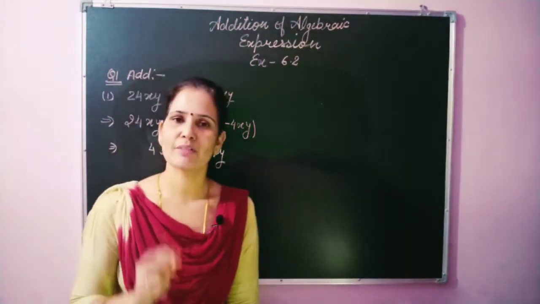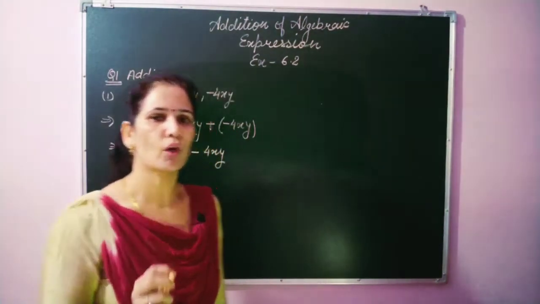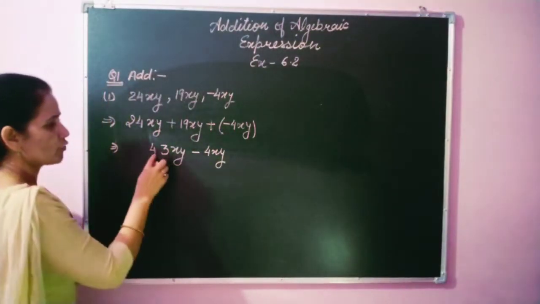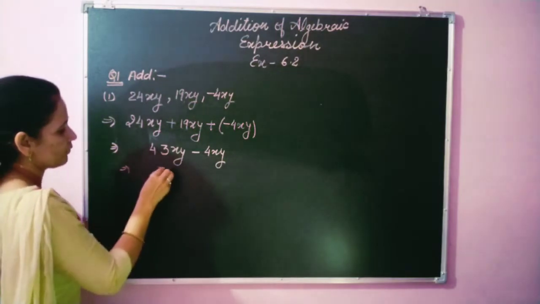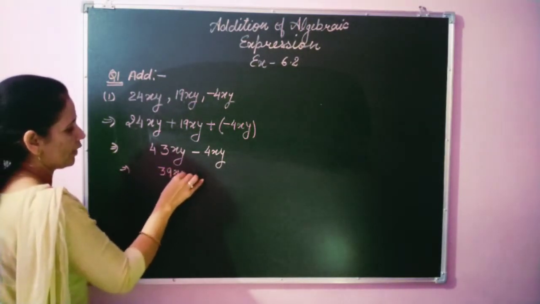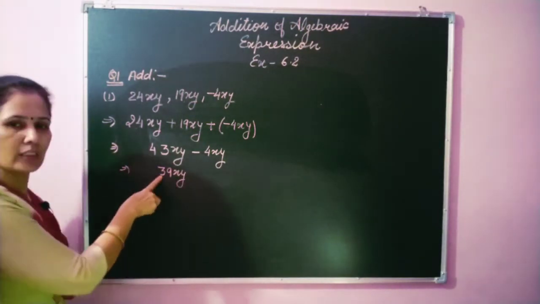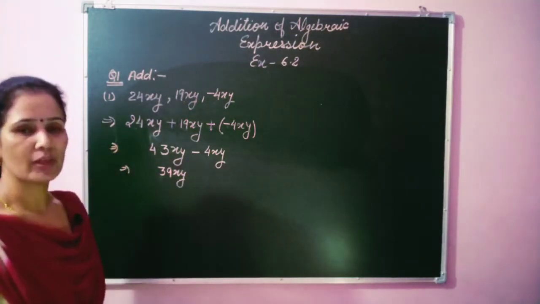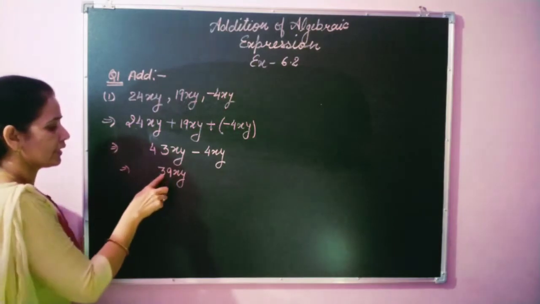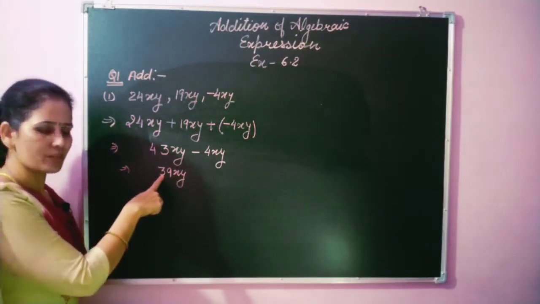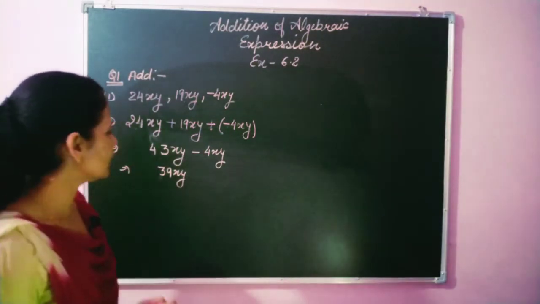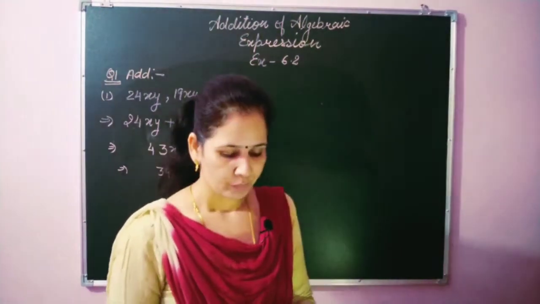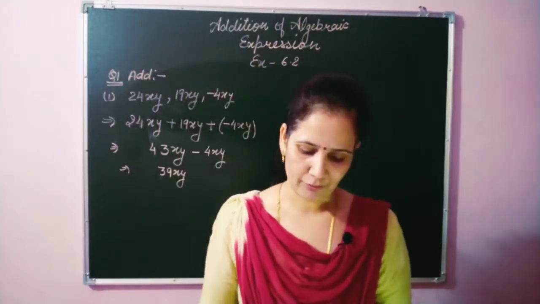Whenever positive and negative numbers come together, we always take their difference. So 43 minus 4 gives 39xy. Because 43 is the bigger number and positive, we take the positive sign, and we get the answer 39xy.